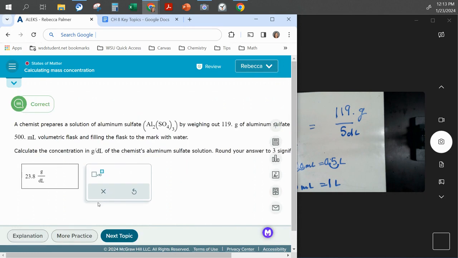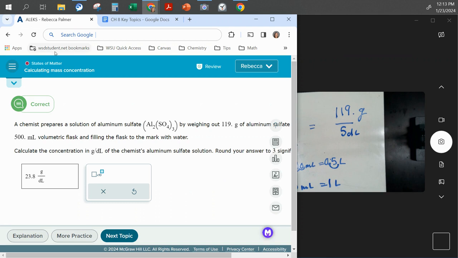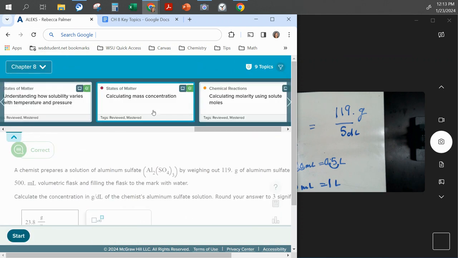Okay. All right, let's do one more topic, and then we'll be done for today. The last one we're going to do is calculating molarity using solute moles. This one is similar to the one we just did.